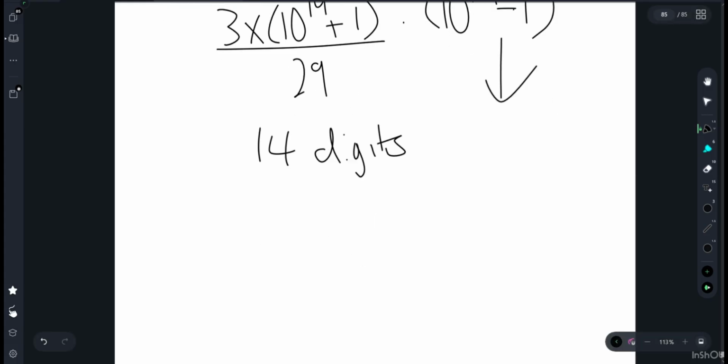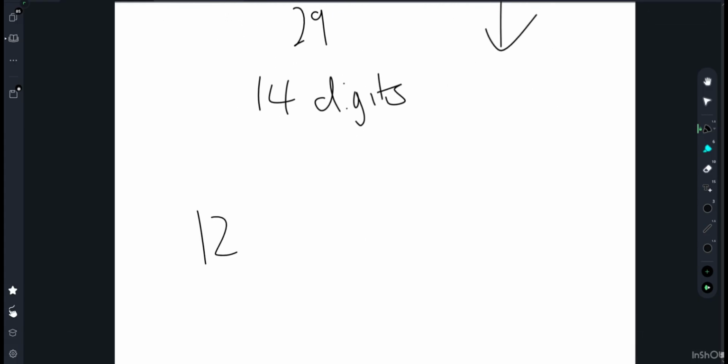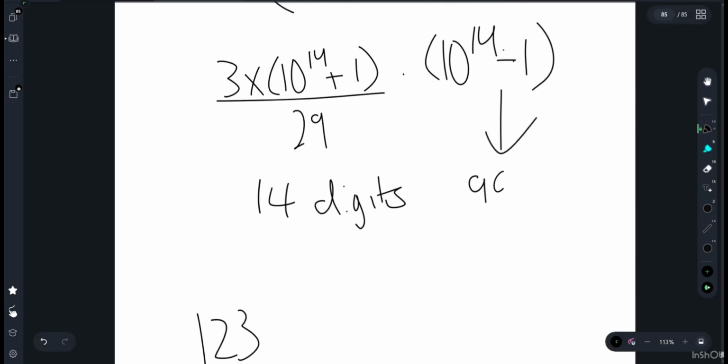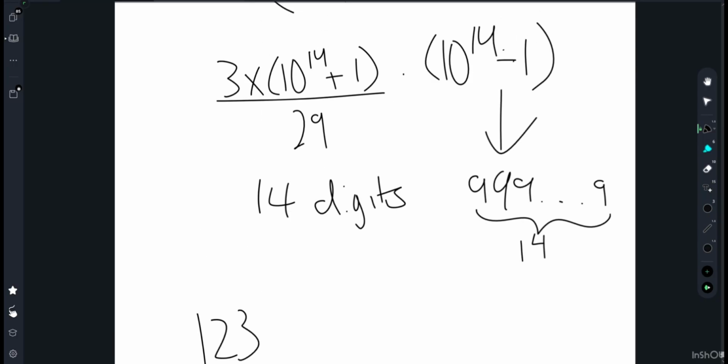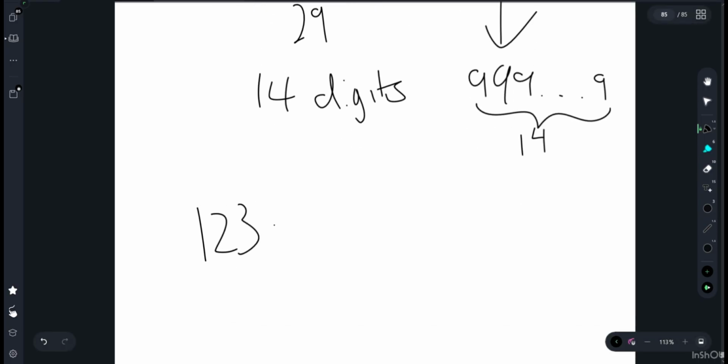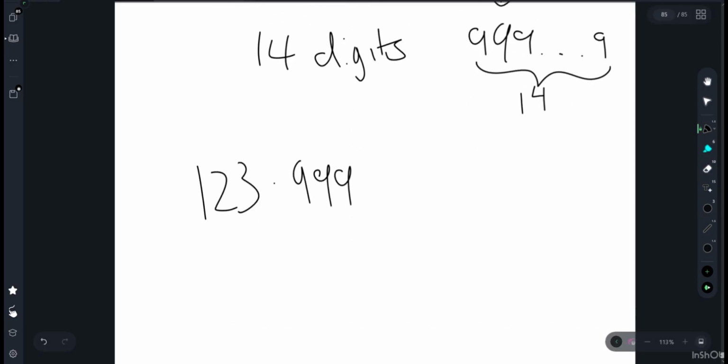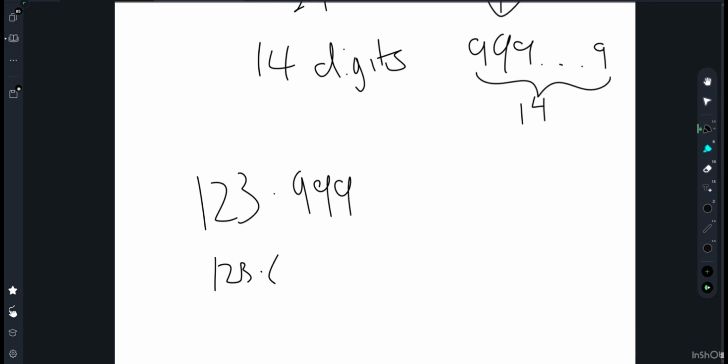Here, we know that any number, for example, 1, 2, 3, this is just going to be 9. It's going to be 14 nines. So we know that any number times 999. What is 1, 2, 3 times 999? It's 1, 2, 3 times 1000 minus 1, 2, 3.